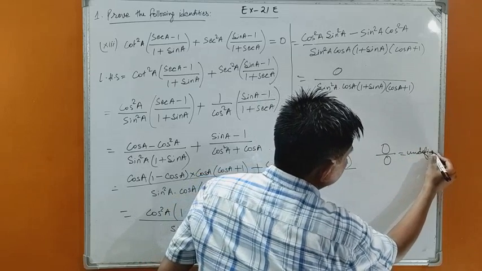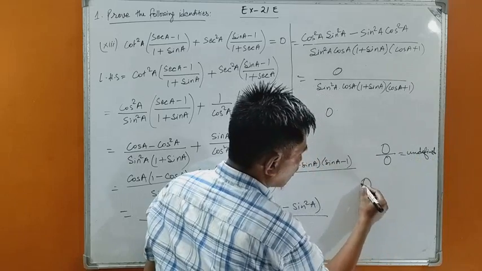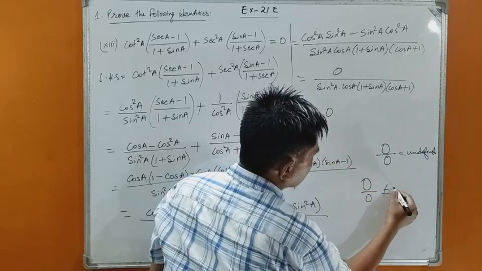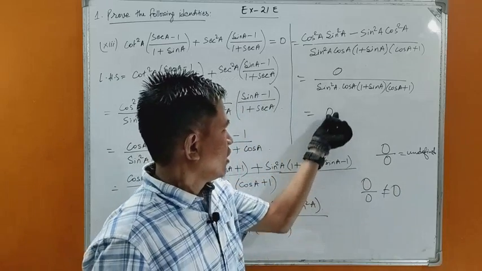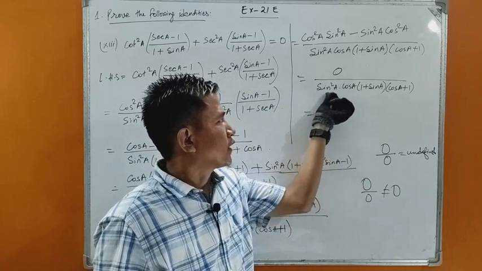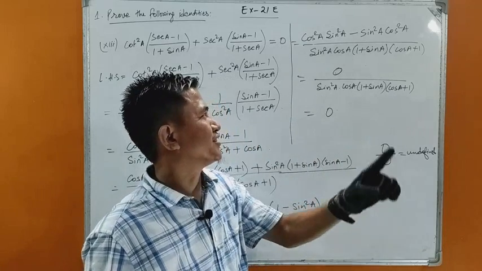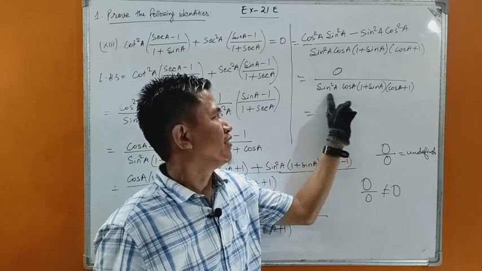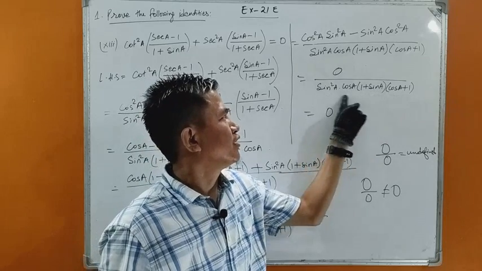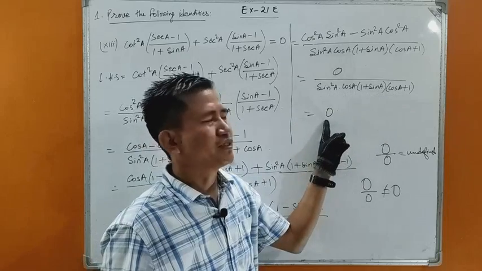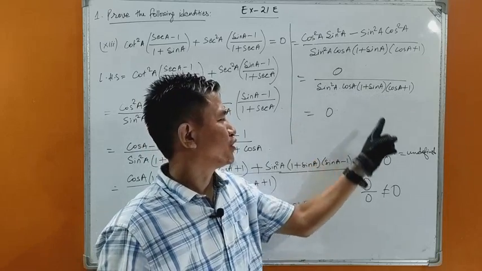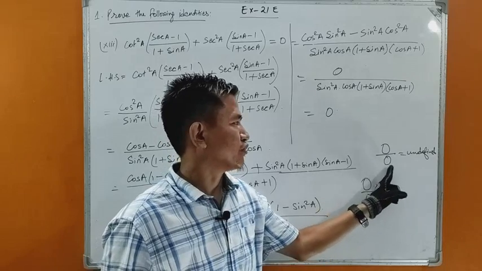This is not equal to 0, this is undefined. 0 upon 0 is not equal to 0. In the denominator, whatever be the number, it should not be 0, other non-zero number. These numbers are non-zero numbers, so 0 upon non-zero number is 0, okay. 0 upon 0 is not 0, 0 upon 0 is undefined.